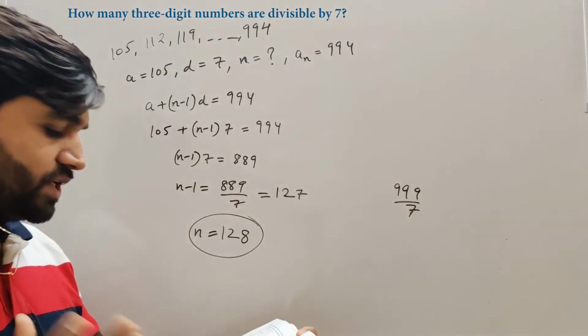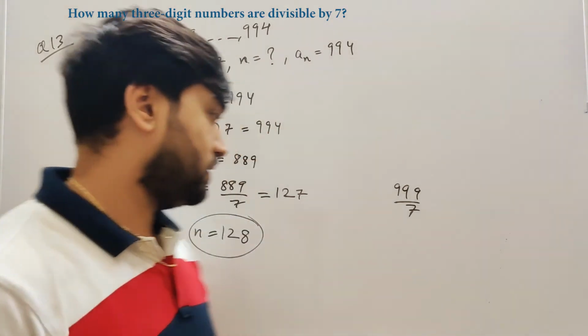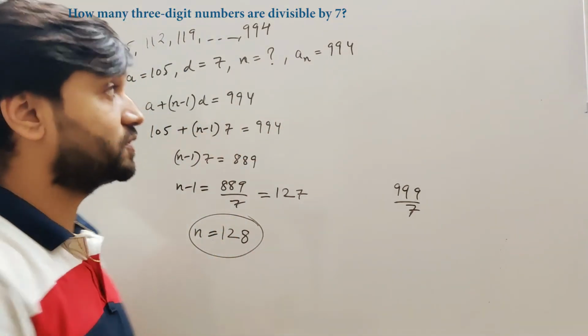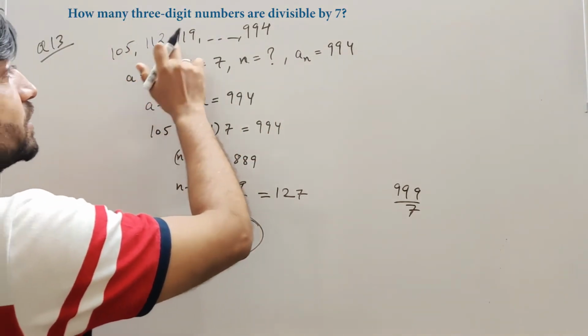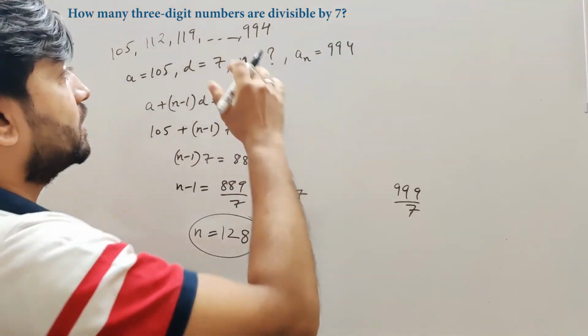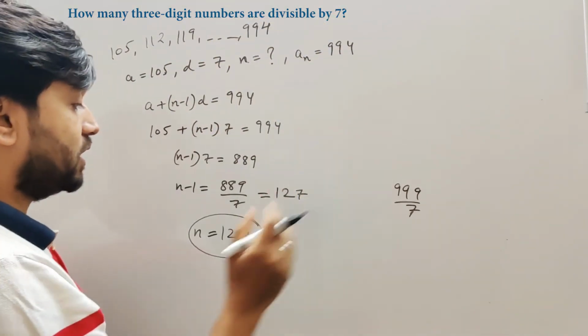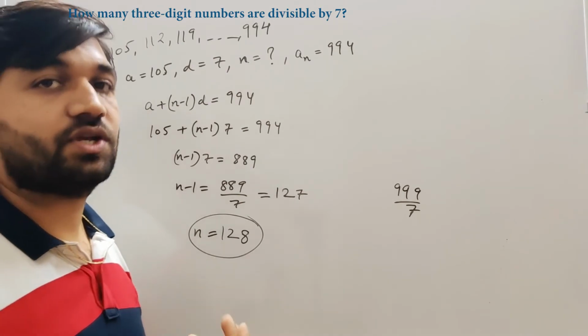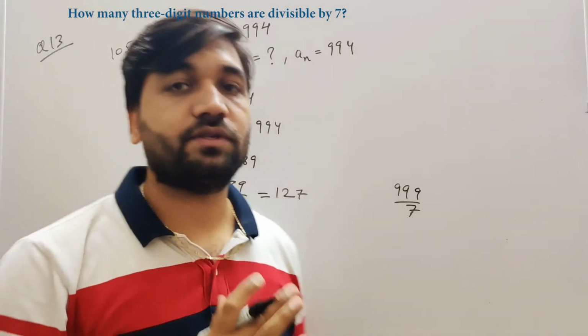So the question, how many 3-digit numbers are divisible by 7? There are 128 such numbers. So you see, 105, 112, 119, 126 till 994. There are 128 such numbers which are divisible by 7.